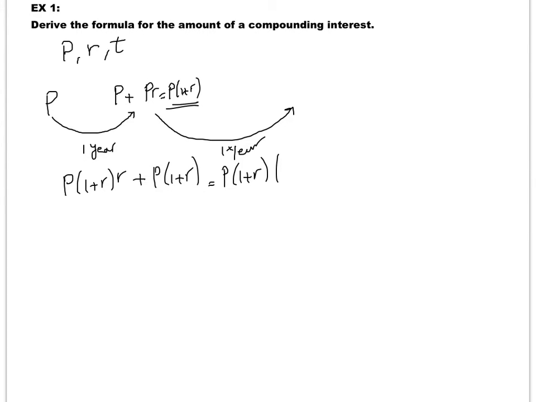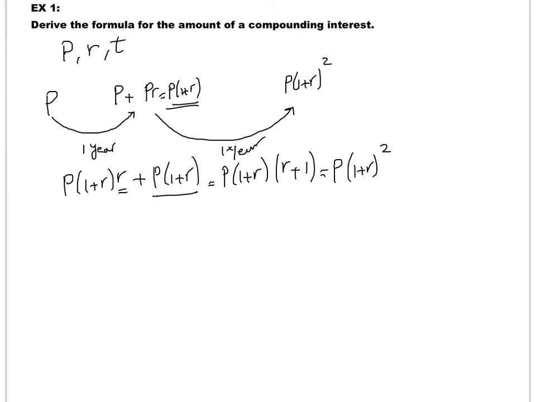So if I factor P times 1 plus R out, I get R from the first one, and I get 1 from the second term. And there are two 1 plus R which are multiplied together, so I get P times 1 plus R squared. So this is my investment after 2 years.